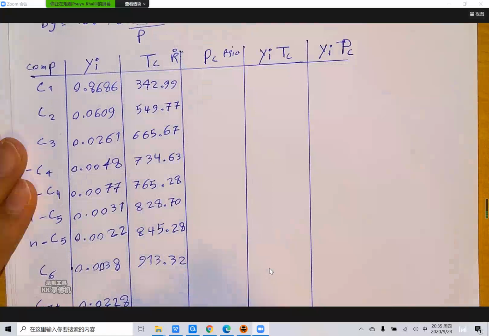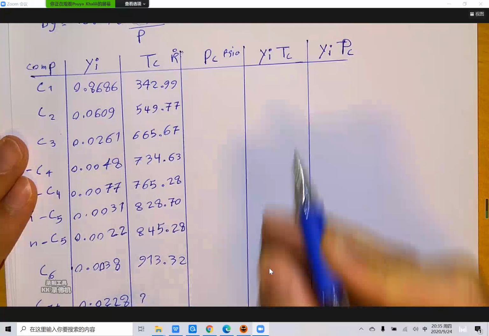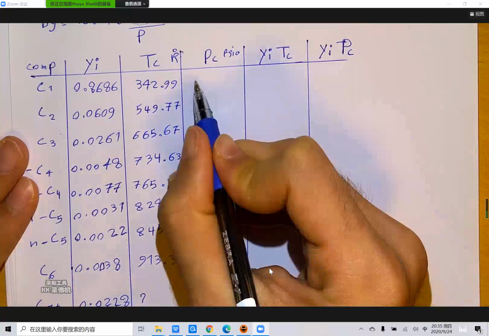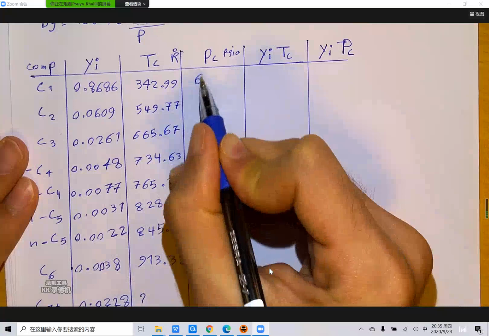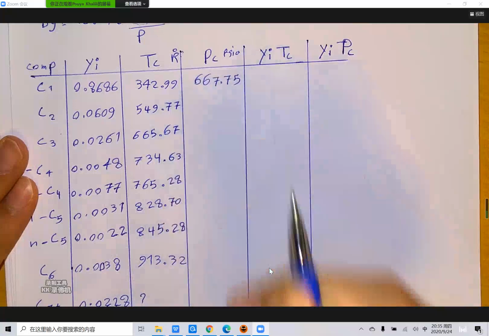So you can find the C7 plus in the table that I showed you. We have to find it. I will leave it, then show you after.